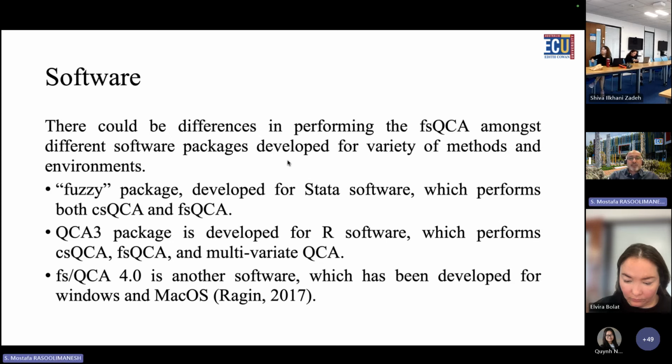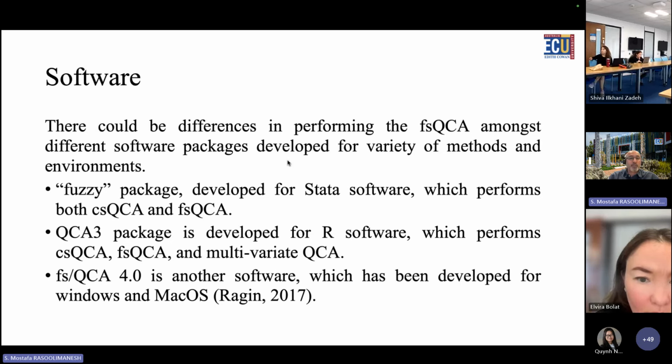Different software actually can be used for fsQCA. There is a package in Stata software, and also in R. You can find the QCA3 package to perform crisp set and fuzzy set QCA and multivariate or multi-level QCA, and also the software developed by Ragin, fsQCA 4, is now available and is free, so you can download it for Windows or Mac and use it for your analysis.